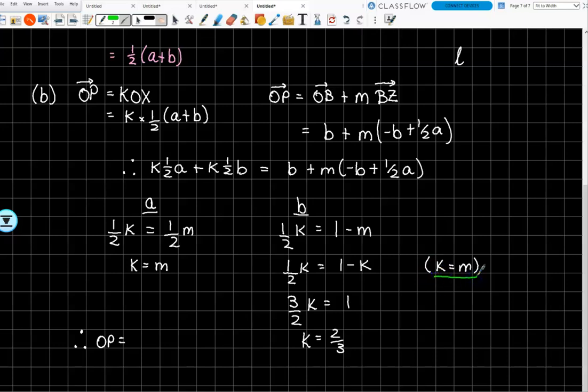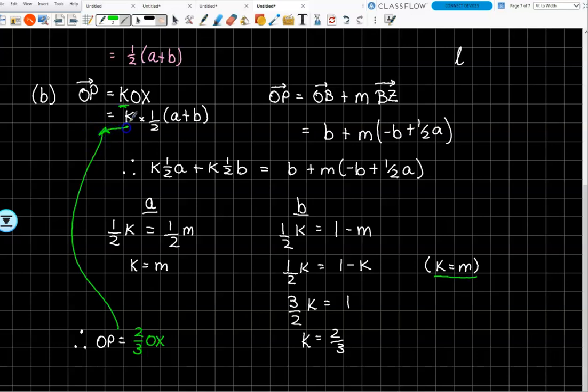Okay, we said we wanted to find OP, so now we're going to look up here, and so therefore OP would be 2/3 of OX. Is that what we wanted? Oh, sorry. We wanted it in terms of A and B. So we don't want that.